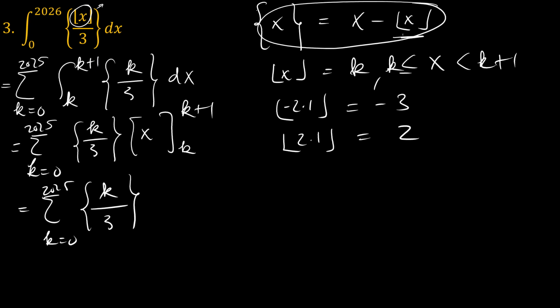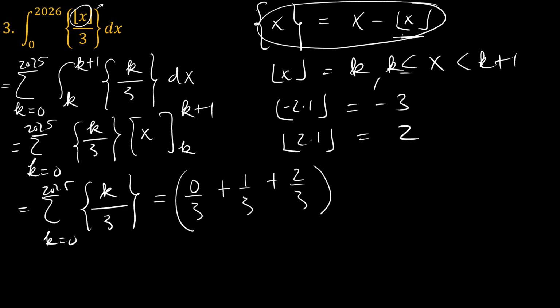So this becomes, when k equals 0, we have 0 over 3. When k equals 1, we have 1 over 3. When k equals 2, we have 2 over 3.